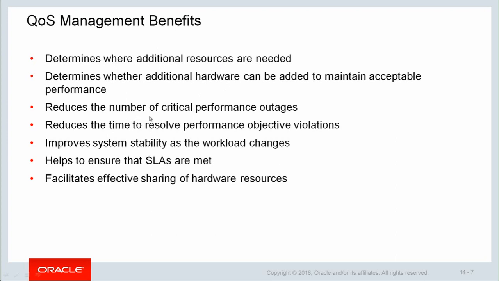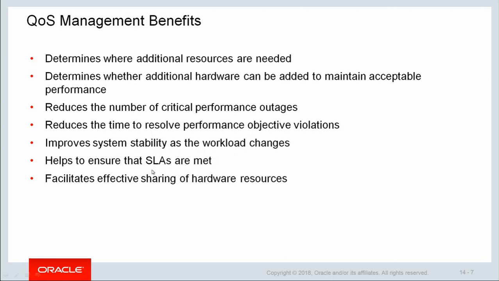It also reduces the number of critical performance outages by detecting performance issues at a very early stage, and reduces the time to resolve performance objective violations. And it improves system stability as the workload changes. So we can easily change the policies, and you can activate the policies quickly. And it ensures that service level agreements are met.